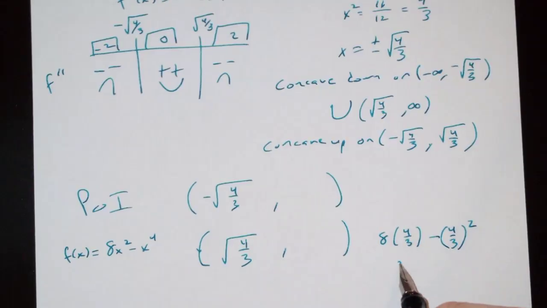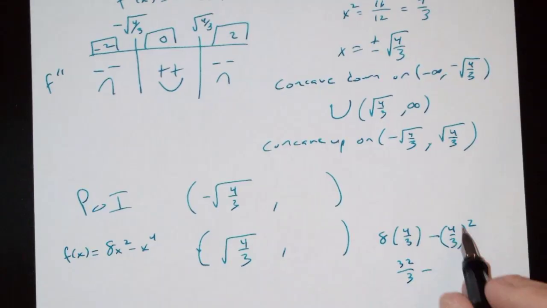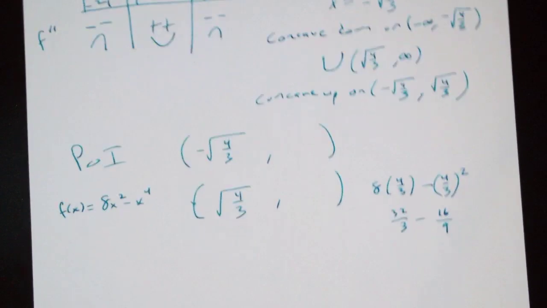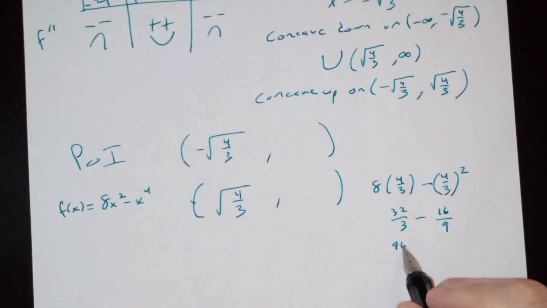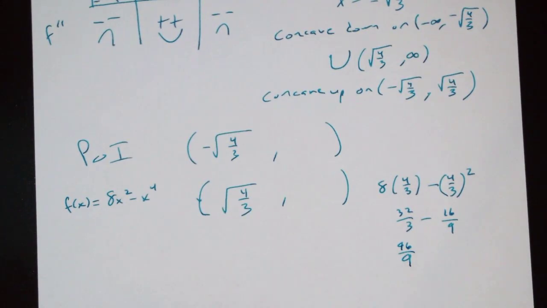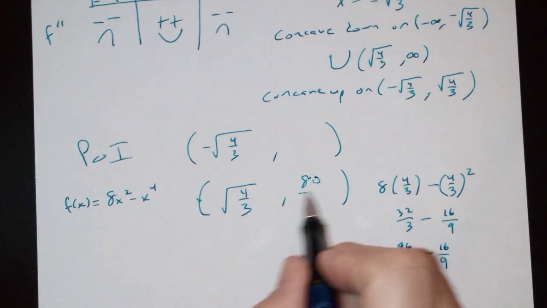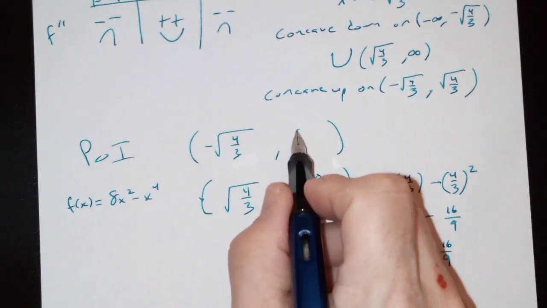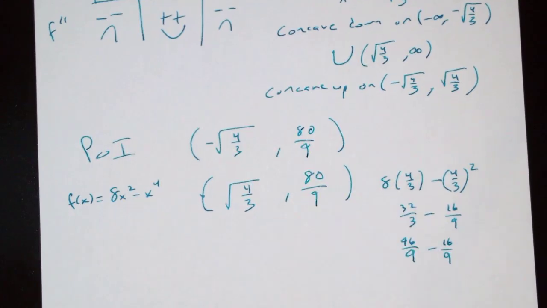So that's 32/3 minus 16/9. Ew. Wait a minute. This is 96/9 multiplied by 3 on top and bottom minus 16/9. That makes this 80/9. And it makes this the same thing because of the symmetry involved.